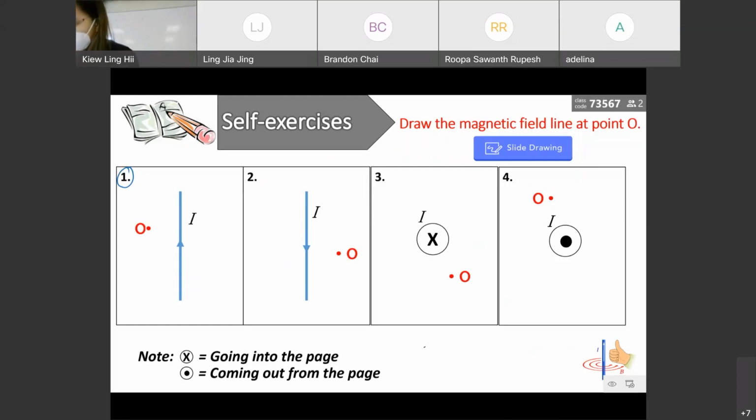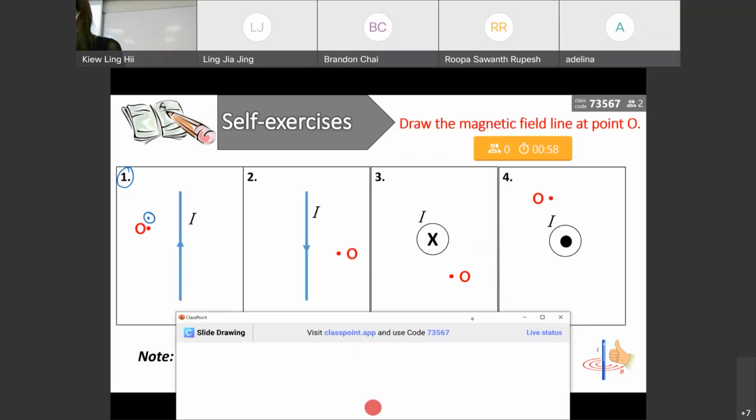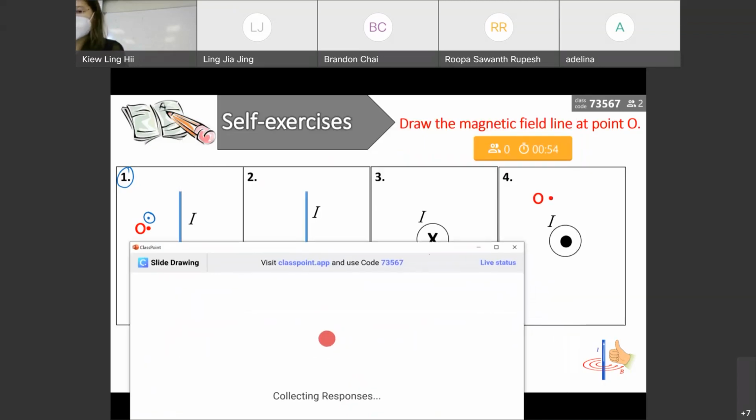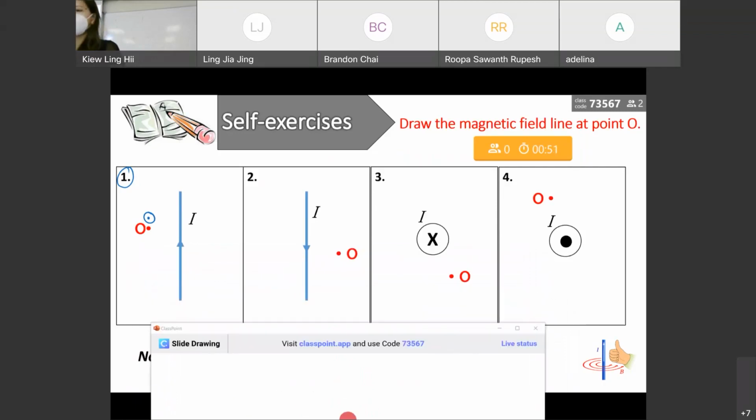So the magnetic field at point O is actually a dot product, right? Okay, so let's complete 2, 3, 4 and submit. Just draw the magnetic field at point O only. Don't draw the whole thing, but draw the magnetic field at point O.